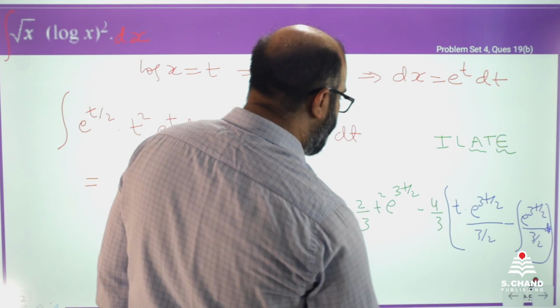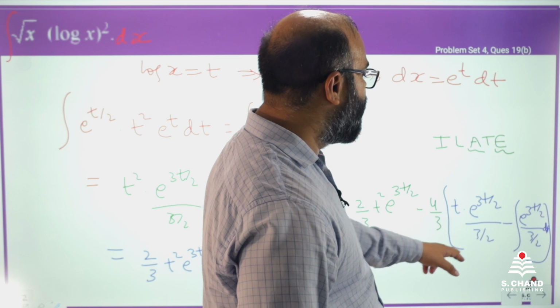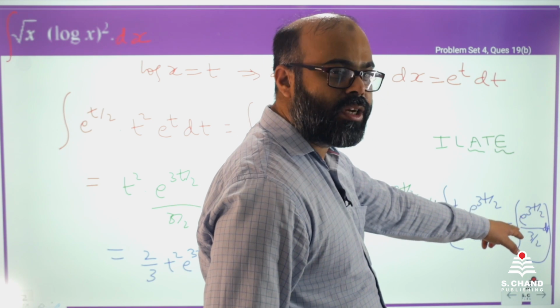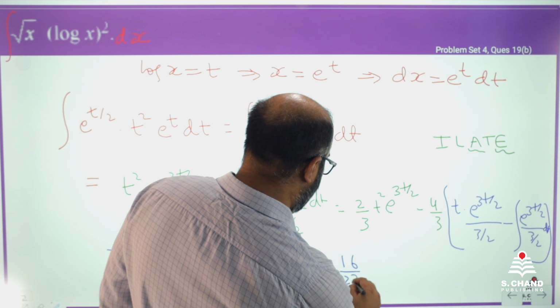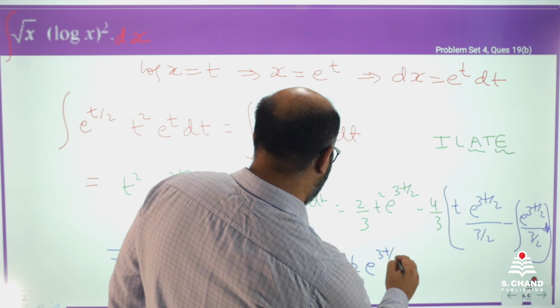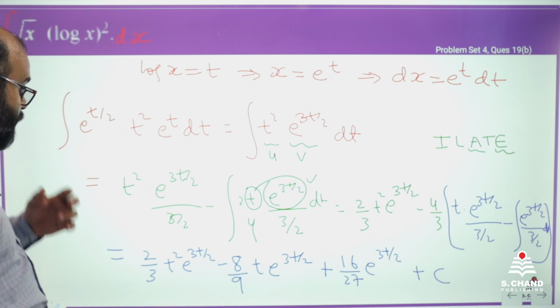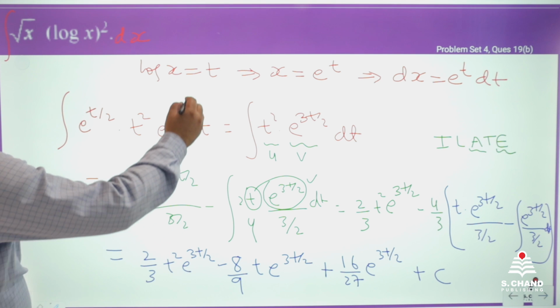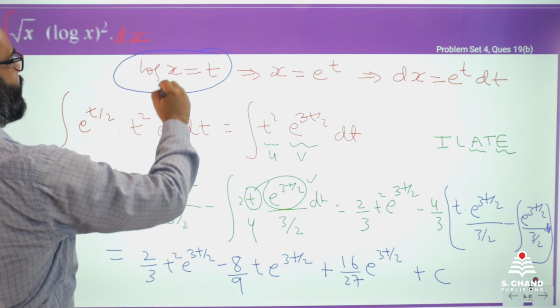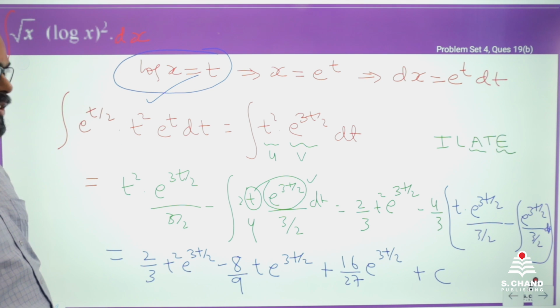And next term will be plus, it is again 8 by 9, and when you integrate e to the power 3t by 2, it will become 16 by 27 e to the power 3t by 2 plus c. So this is how you can express this answer. Now it is not in terms of t, so in the end you will replace t as log x everywhere and write the final answer.